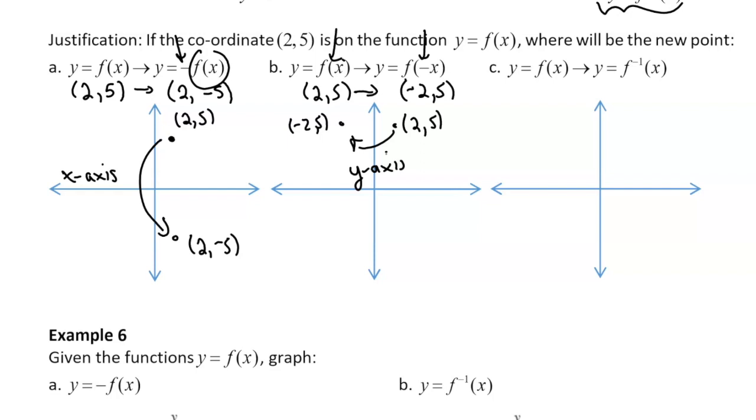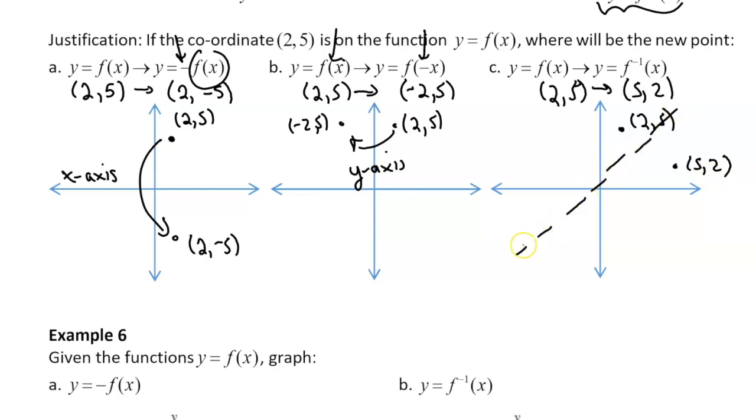If you take a look at the point here for our inverse function, our third example, by definition, when you have the inverse, we switch x and y. So our point 2, 5 becomes the point 5, 2, and if we draw the line y equals x in right here, you'll notice that we're reflecting over the line y equals x.